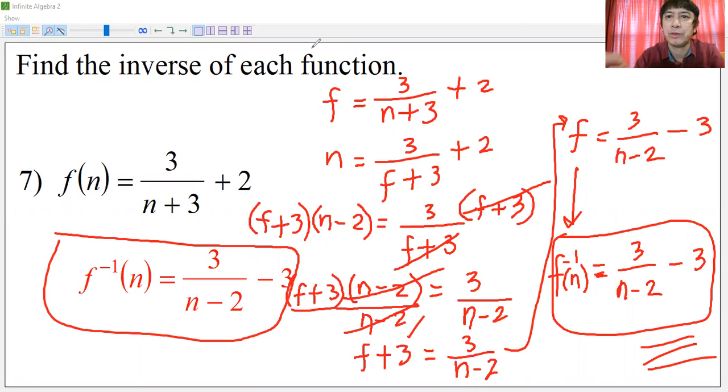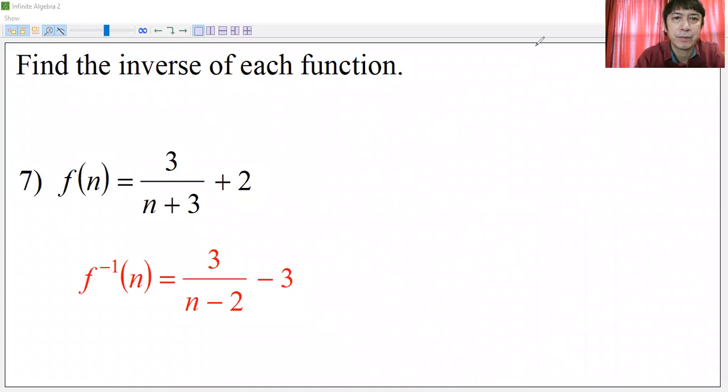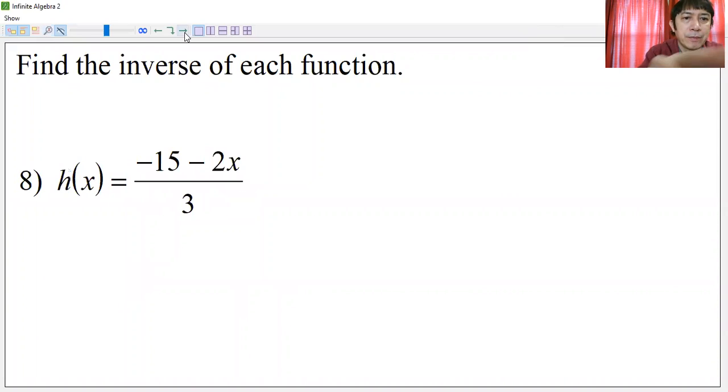All right, let's continue with the 8th example, number 8. We shall just remove the answer here. Here's example number 8.